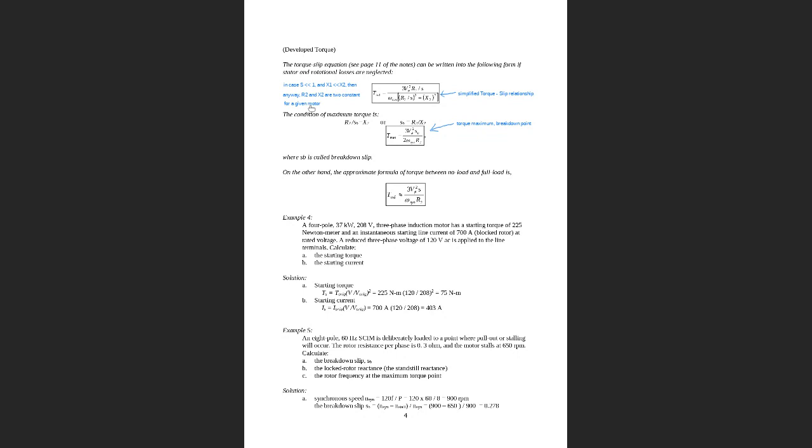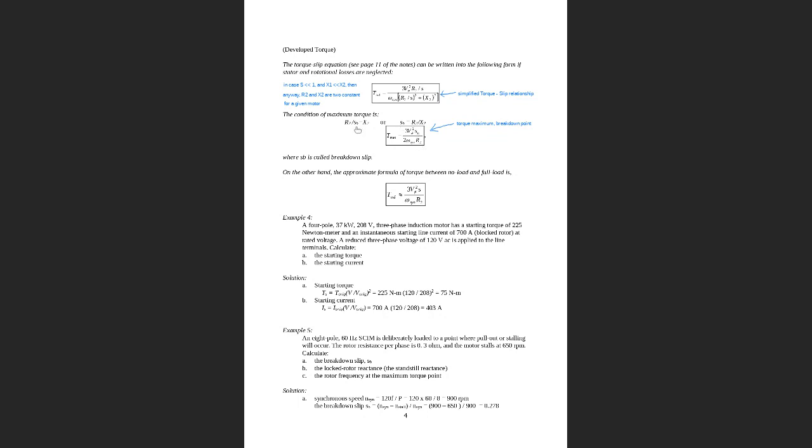Here they are just two parameters to represent the motor's physical phenomenon. So if the slip equals the ratio R2 over X2, then the motor has the maximum torque. Therefore, the maximum torque occurs at this point.